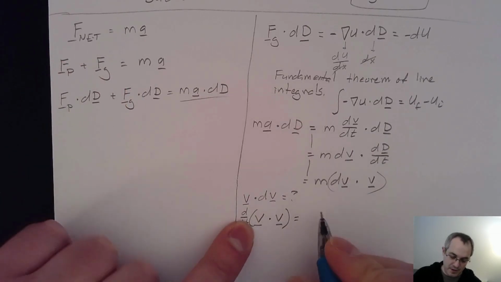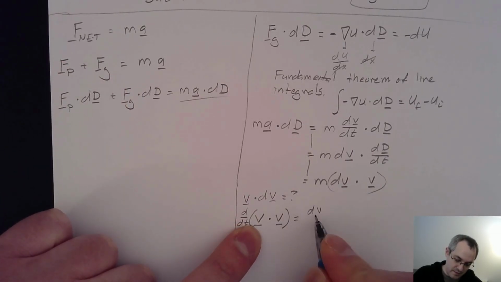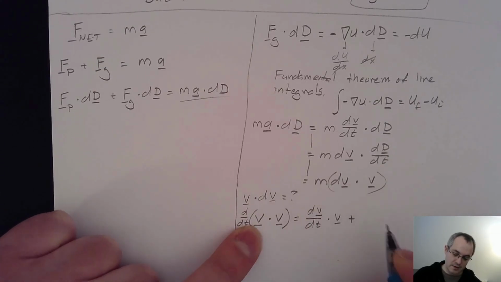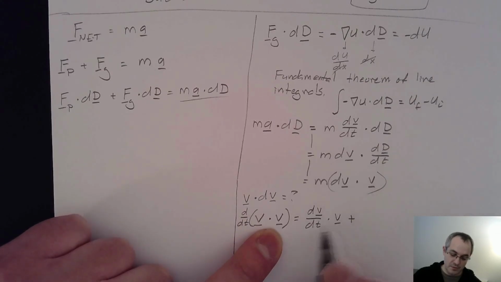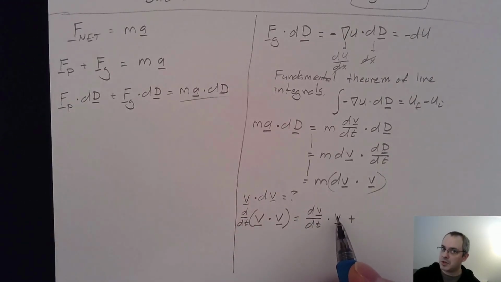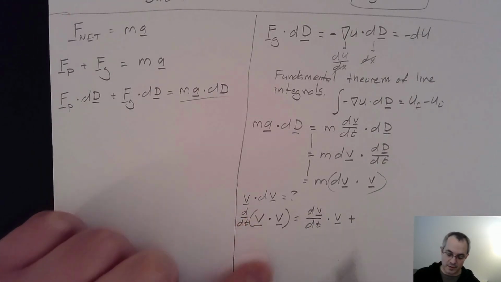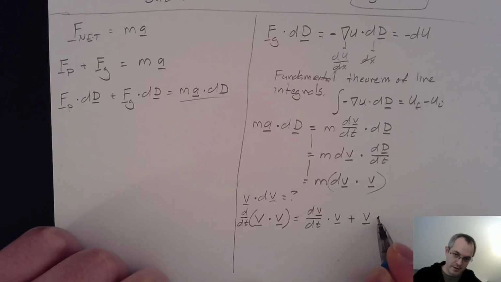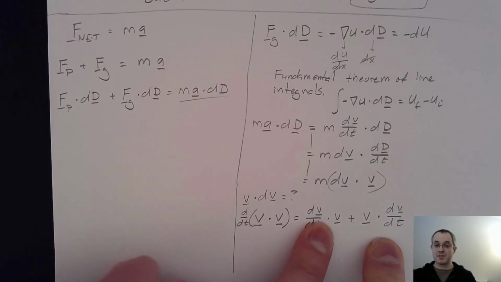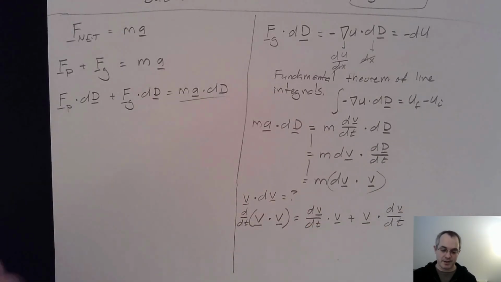Derivative of the first times the second plus the first times derivative of the second. Dot. These two terms are the same because we can dot product in any order.